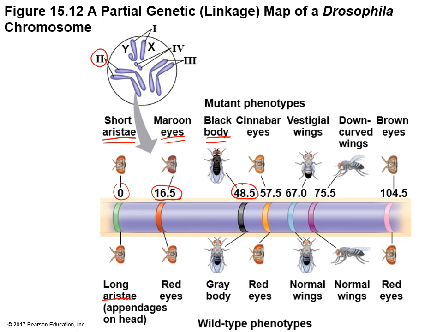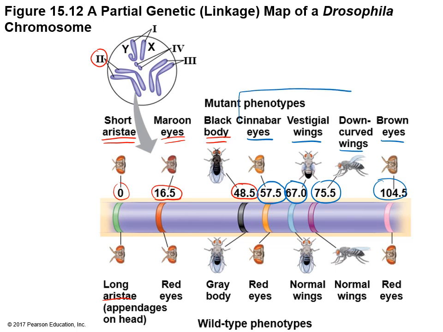However, if we look at the latter parts, the genes that are further away from the arista gene, we can see how the eye color has a recombination frequency of 57.5, the wing shape 67, also the wing shape 75.5, or the curve of the wing, and the gene for whether you have brown eyes or red eyes instead of maroon and red, 104.5.